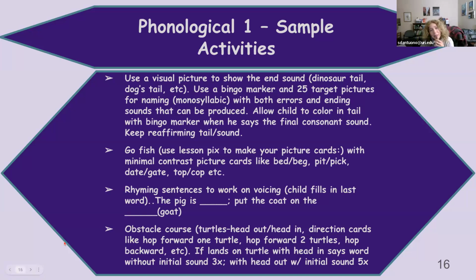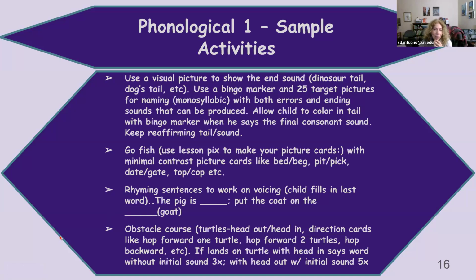Here are some sample activities using a visual picture to show the end of the sound, like a dinosaur tail. Use bingo markers and 25 target pictures for naming monosyllabic words with the errors and ending sounds that can be produced, emphasizing that they have to say the sound at the tail.